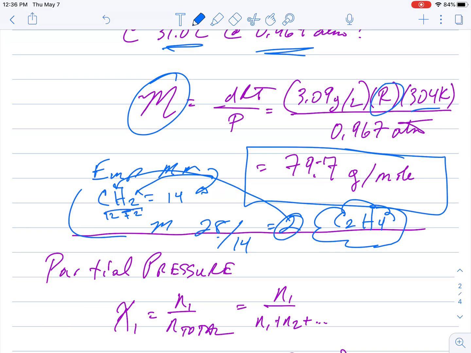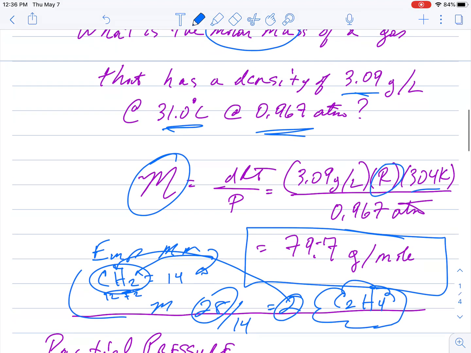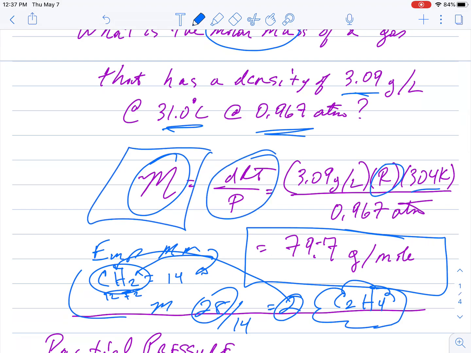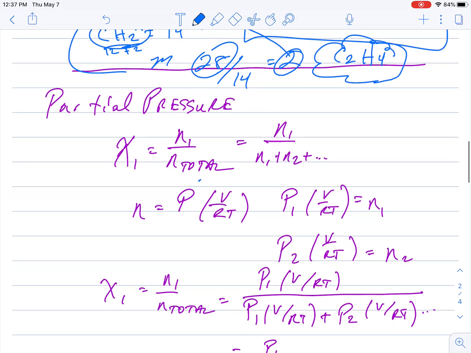So I might have one set of data that would give me the empirical formula, and then out of the gas law, I might be able to figure out the actual molecular structure and say, oh, that's C2H4, based upon the molar mass of 28. So in terms of actually being able to figure out formulas, this equation is very, very, very handy to have.